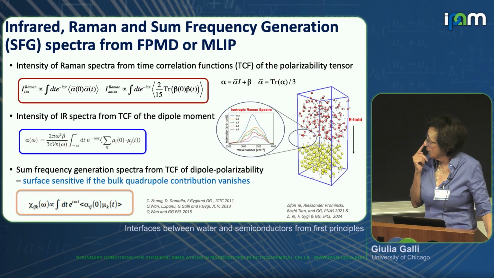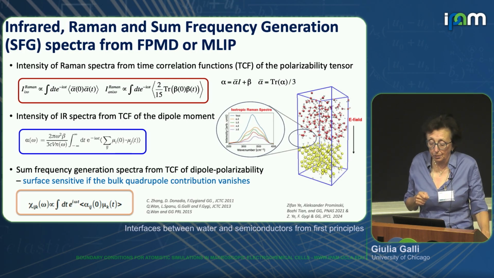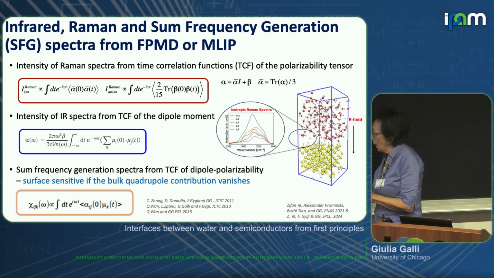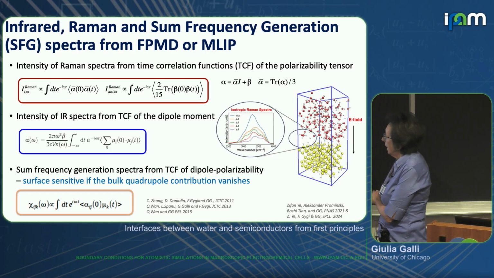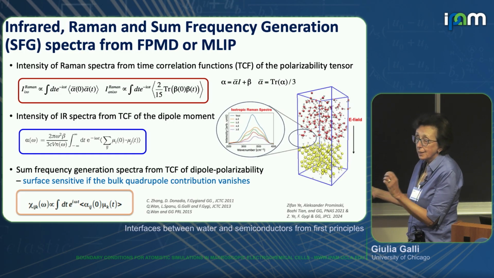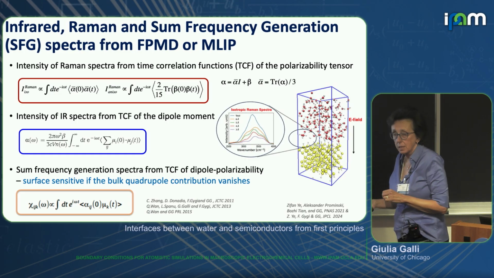And recently, we have done first principles molecular dynamics simulation in the presence of an electric field, and we have computed Raman spectra to identify what happens at the interface, and ask the question, depending on the sign of the field, how is the structure of water modified at the interface, and are there Raman signatures?